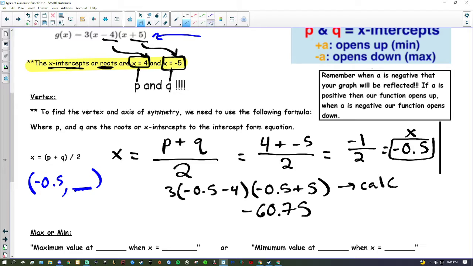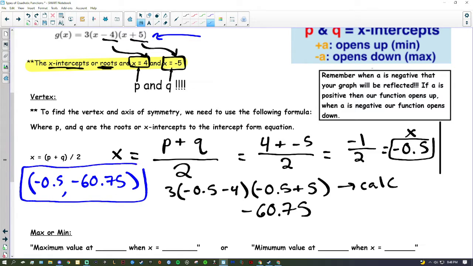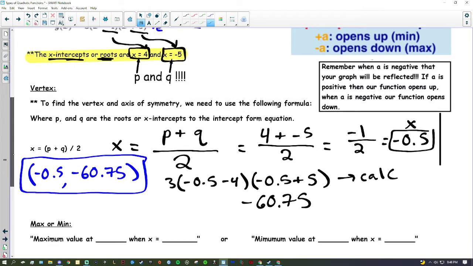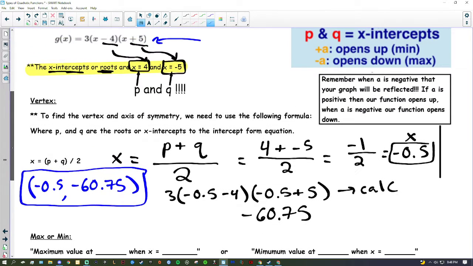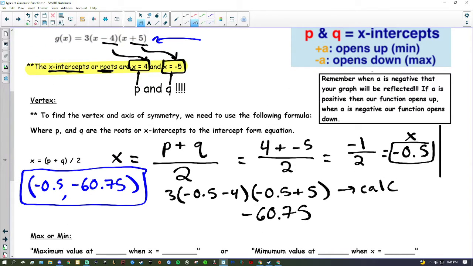That is our y value. Let me rewrite this. It's a little squish. Negative 0.5, negative 60.75. This is our vertex. Yep, sometimes we get decimals. It's okay.